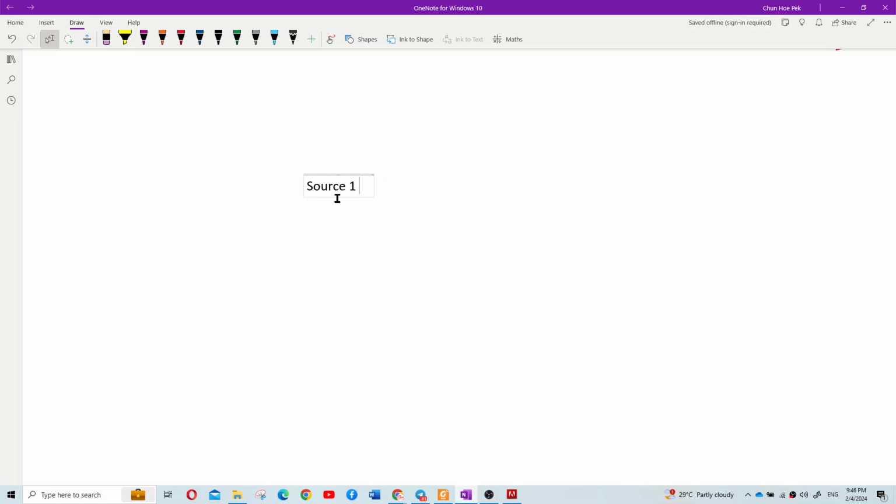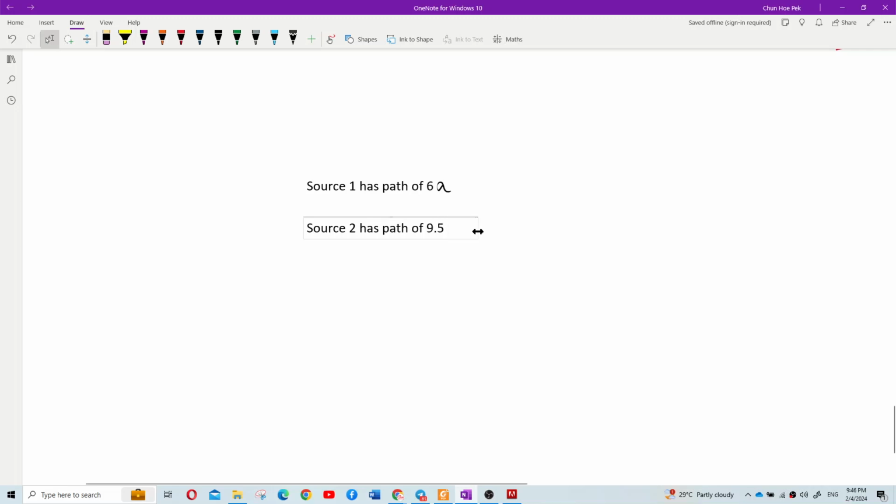Let's say source 1 has a path of 6 lambda, and source 2 has a path of 9.5 lambda.